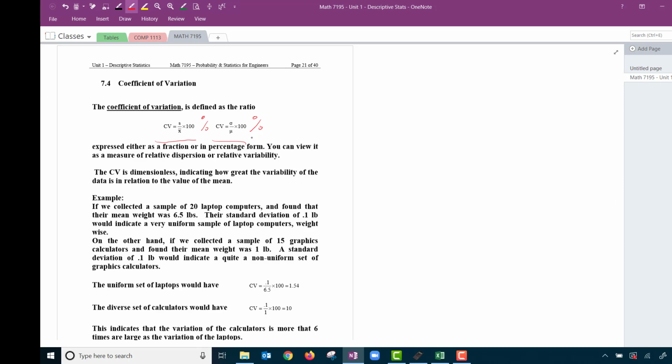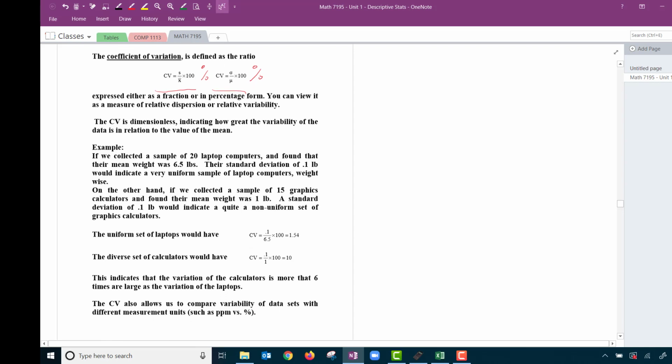If I want to compare the amount of variation in the midterm grade of our course to the variability of iron content in an area of the Klondike, one is measured in percent and the other is measured in parts per million, I can compare them directly because their CVs will both be in percentage.